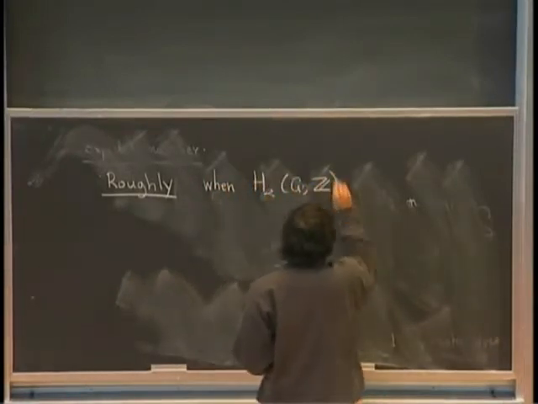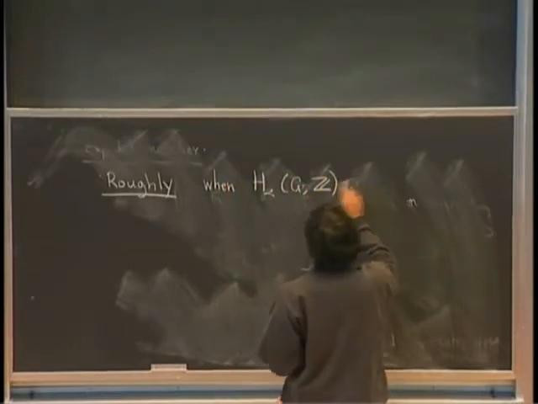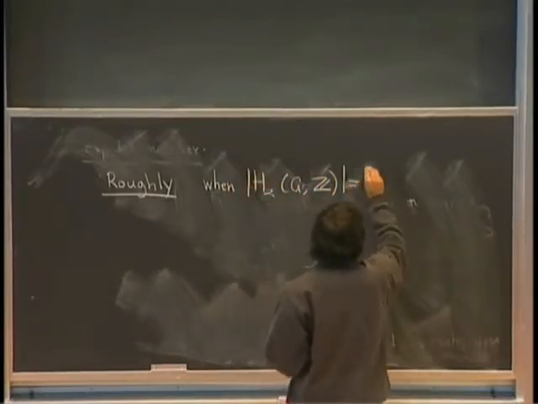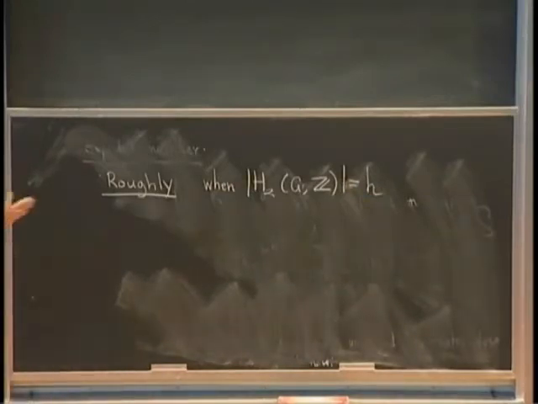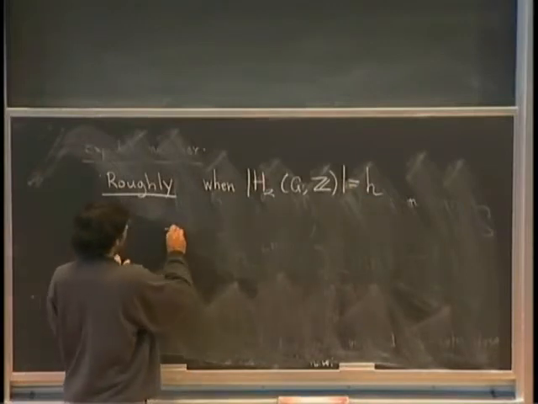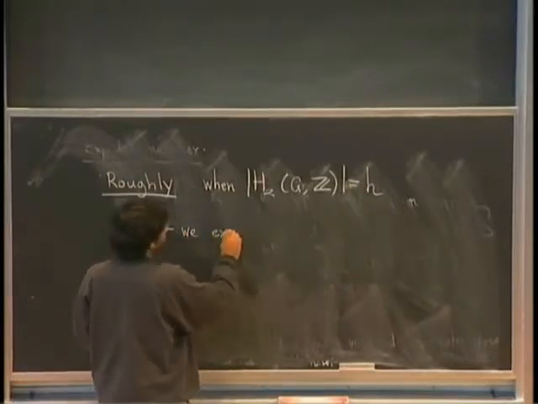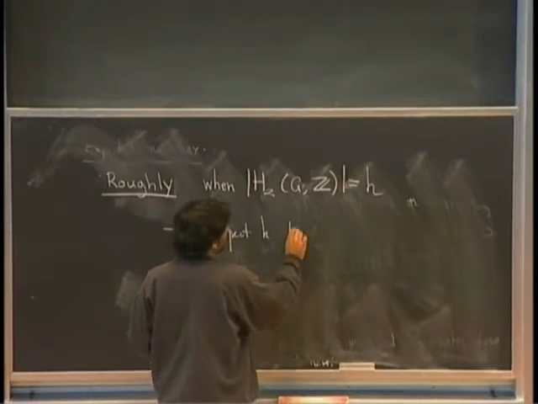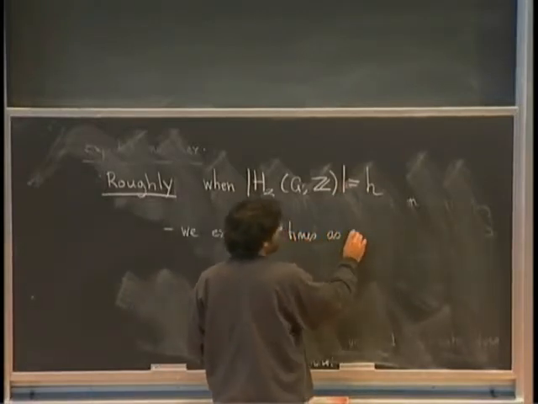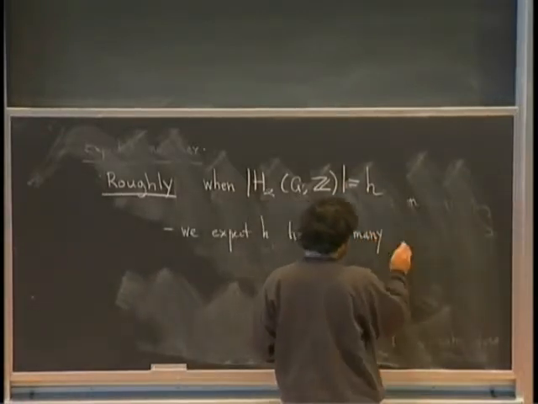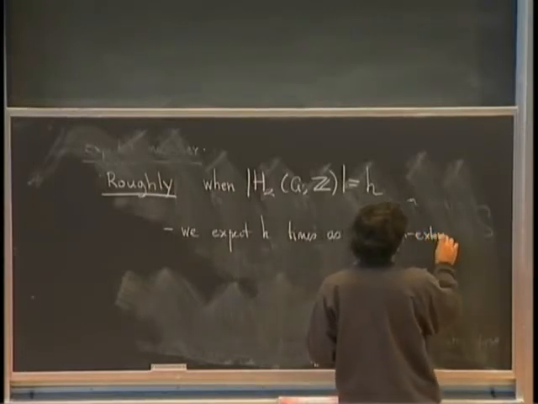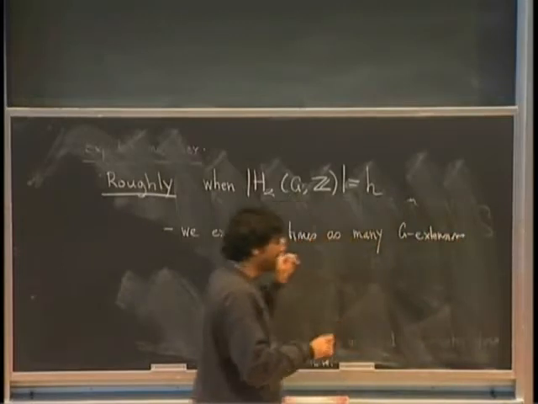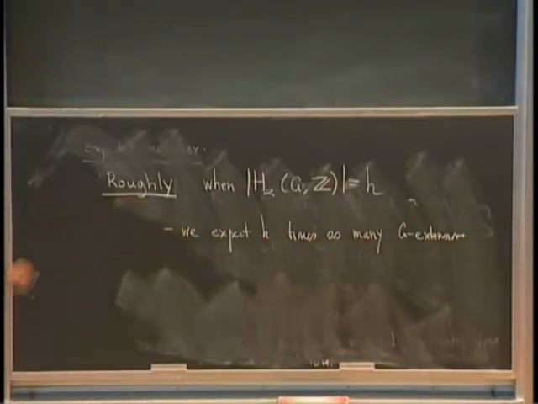When this is not trivial, so when this has size h, then over a function field you can split the covers into this many different types. What would happen over a number field is we expect h times as many G extensions. Again, another reason this is imprecise is there's a version with ramification which looks slightly different.